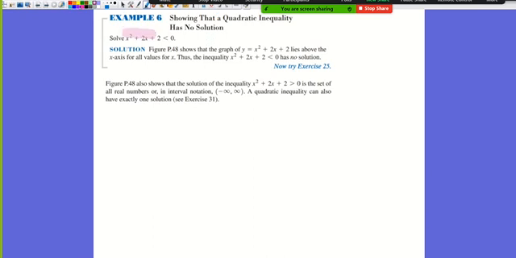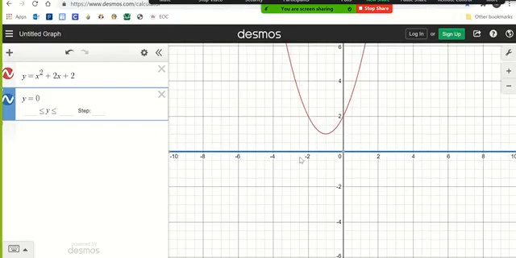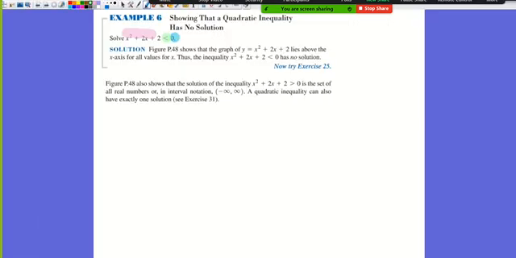Where is red below blue? Okay, and check this out. Red is never below blue. Red is always above blue, so therefore it's no solution for example 6, sorry. Okay, that's why it says no solution.